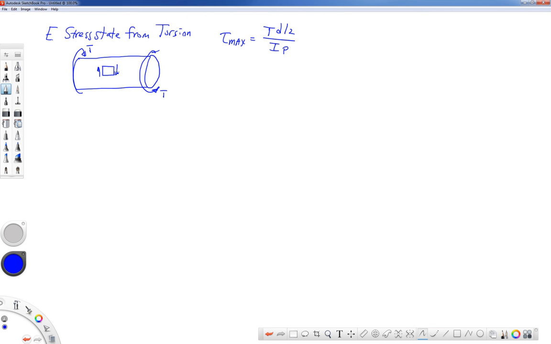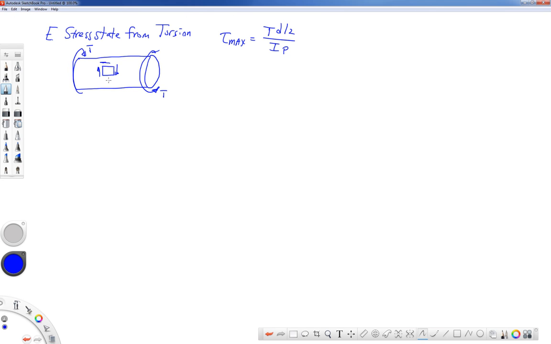Notice that the direction the shearing stress arrow points is determined by the direction of the torque on that respective side. On the left side, the torque arrow is curling up this way, so the shearing stress arrow is going up. On the right side, the torque arrow is curling the other way, going down across the side that we see, so the shearing stress goes down.